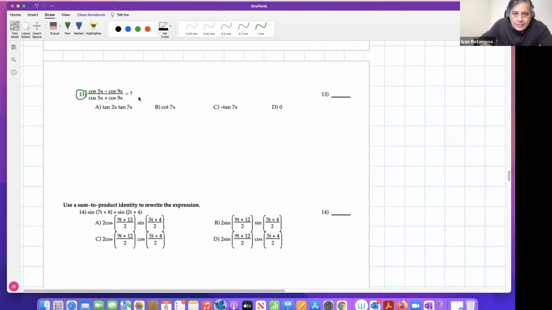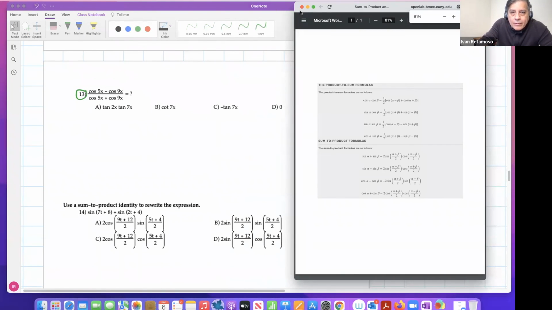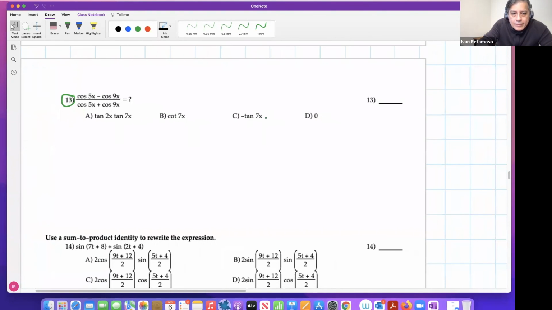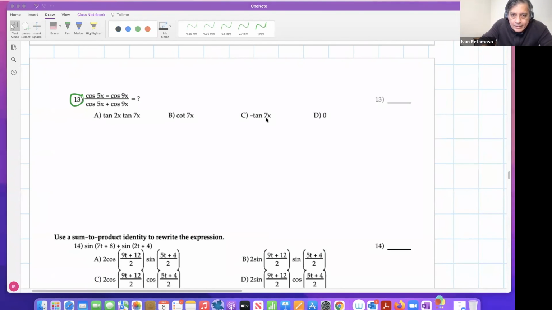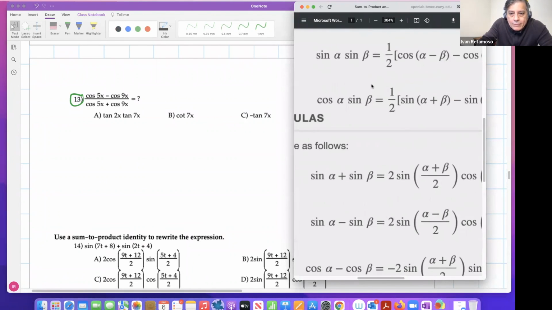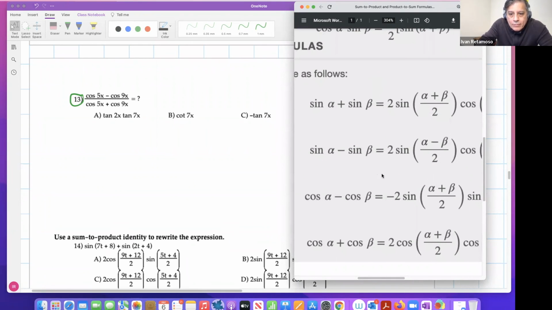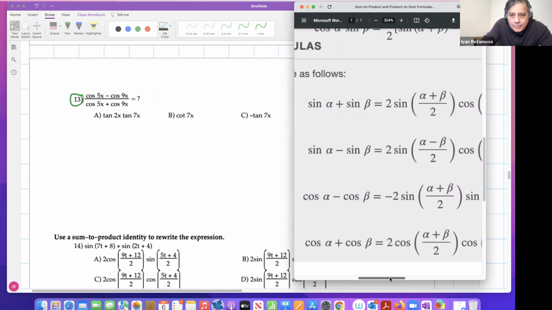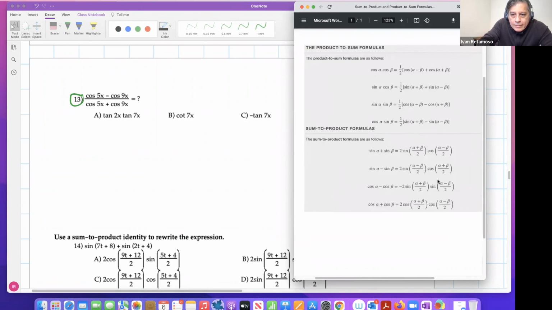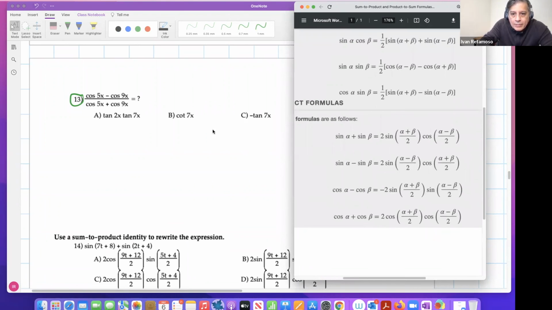I will leave you the formulas here for you to choose accordingly which one you're going to use, right? Notice on the numerator, we have cosine minus cosine. So for the numerator, we have to use the third one, cosine minus cosine.